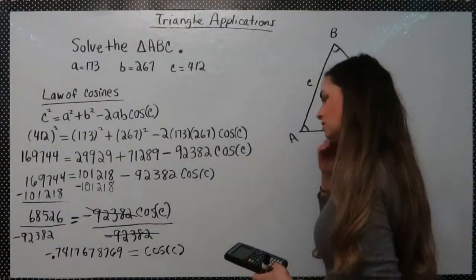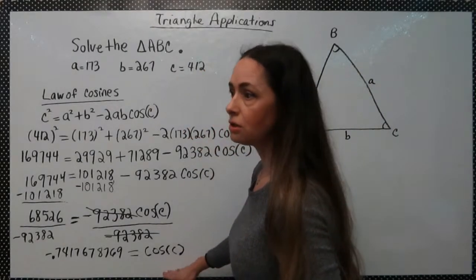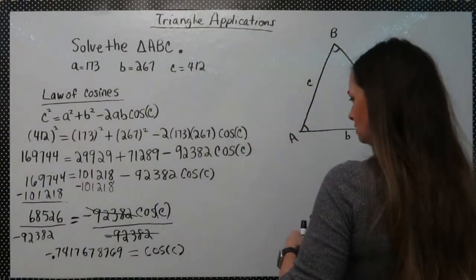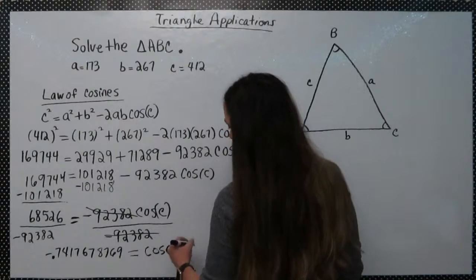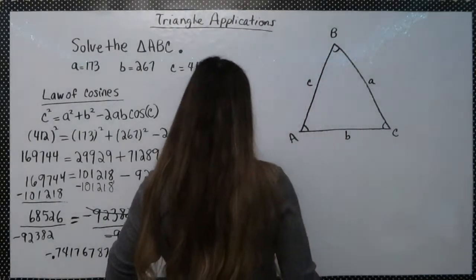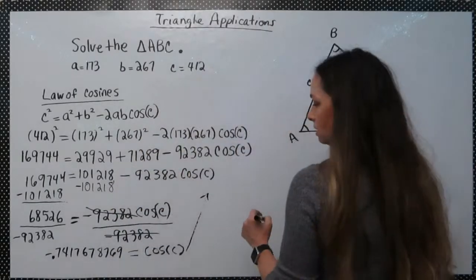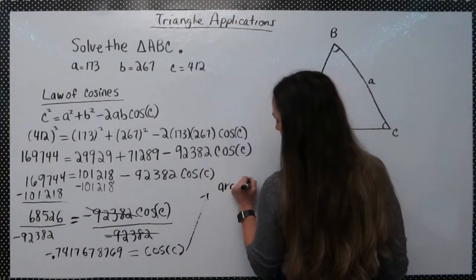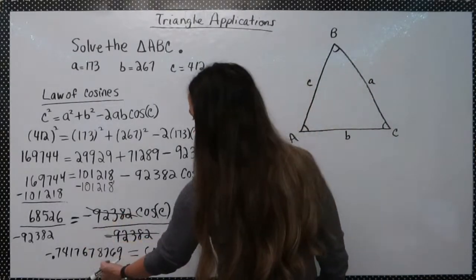Now, how do you solve for the cosine of C? Well, the trig functions also have inverses. So you have arc cosine. So you'll use arc cosine, and let's see, I need to start writing a little bit smaller, it looks like. So you have arc cosine, and what it's doing is it's taking the value.